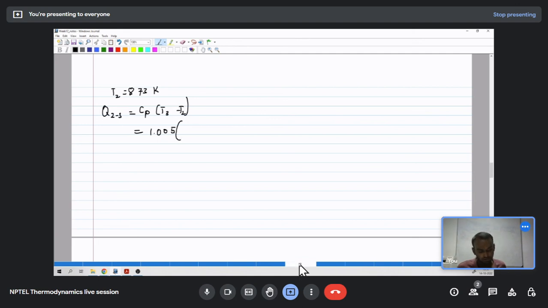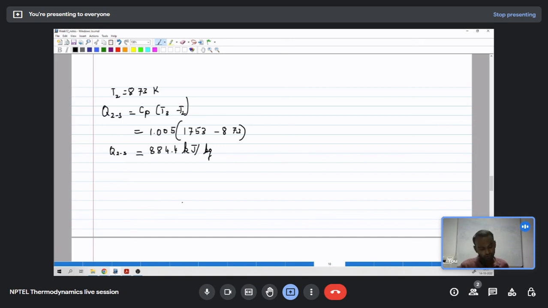So 1753 minus T2, which is 873. So this is 884.4 kilojoule per kg. So this is the heat added, which is one of the questions in the problem.